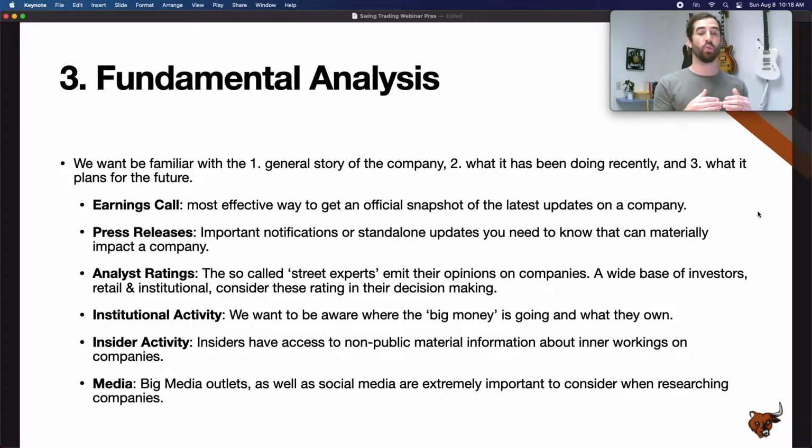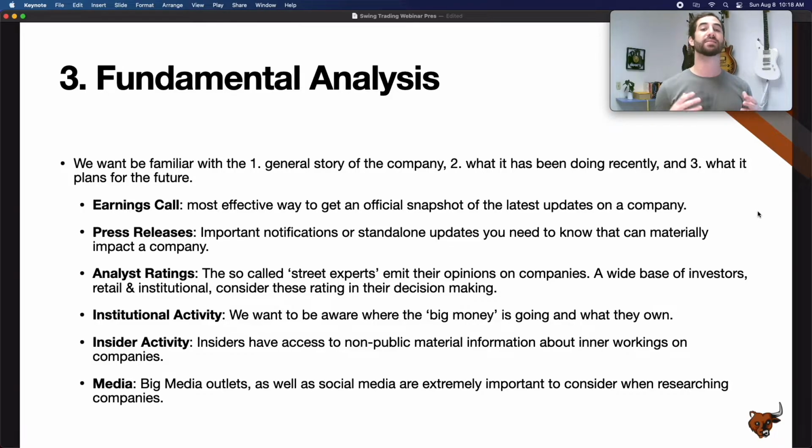Okay, and what we really do not want to do is to make a trade, have the trade open, and then all of a sudden find out that institutions are dumping our stock. Okay, at the very least, we want to know beforehand what they're doing so that we are not caught off guard and that we are able to stick to and execute our strategy. Okay. All right, so we look at the analyst ratings, we look at institutional activity, these are experts.